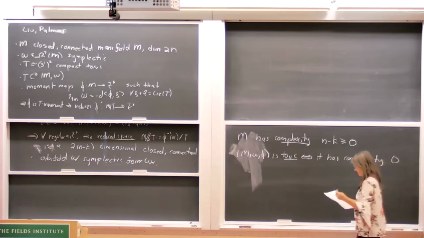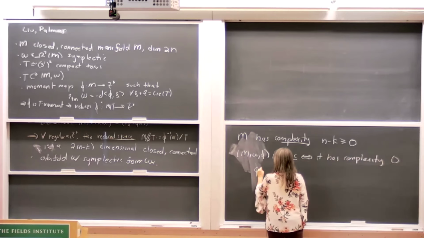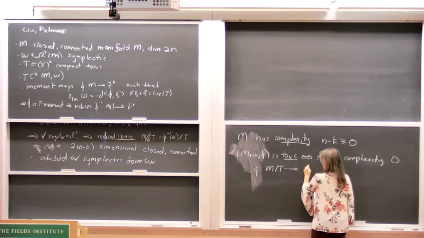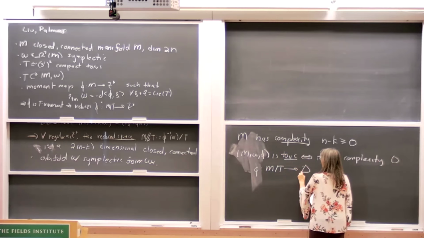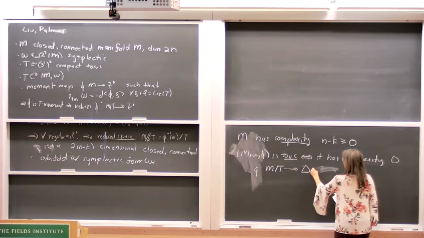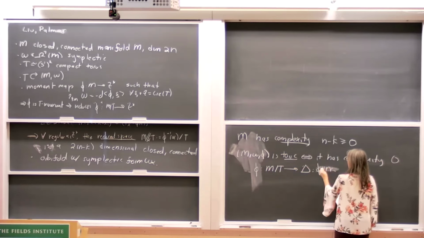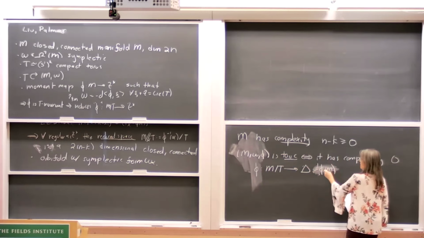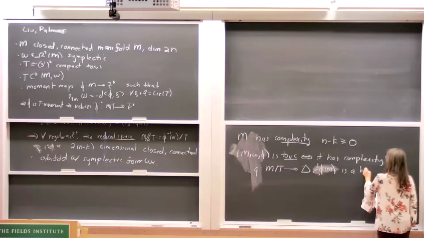So in this case, if we look at phi from M mod T to delta, this is the delta. Have I defined this? Delta is what I'm going to call phi of M. So this is a homeomorphism.